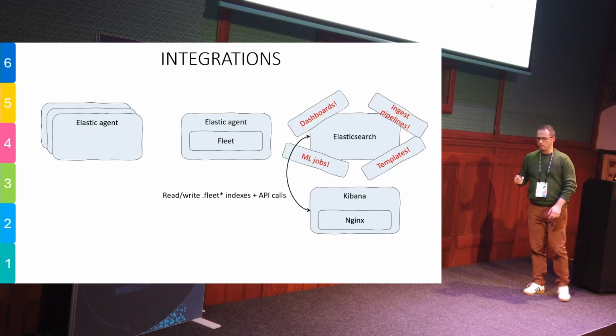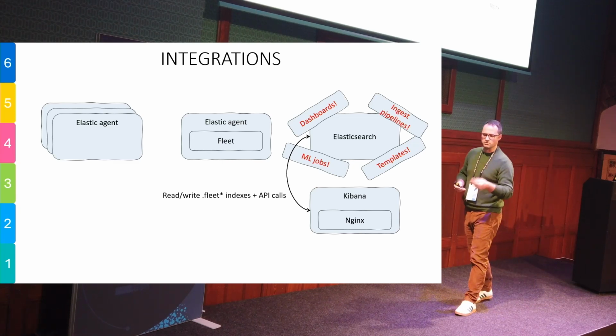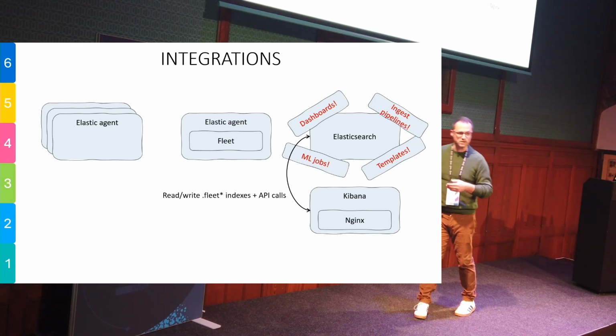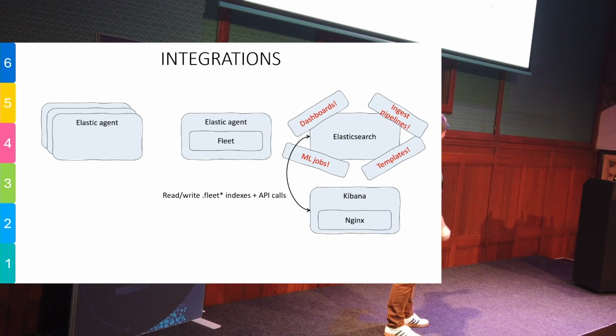Some API calls happen. So the integration package in Kibana can contain dashboards, they can contain ingest pipelines, all of that stuff. It gets deployed by Kibana into Elasticsearch via API calls.